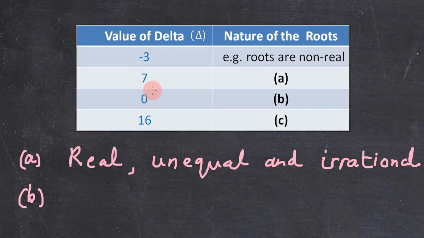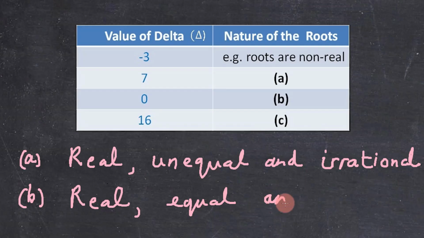Once again, 0 is not negative, so we know that the roots are real. Of course, delta is equal to 0 means that the roots will be equal as well. And then lastly, 0 is also a perfect square. So we know that the roots will be rational. So real, equal, and rational.